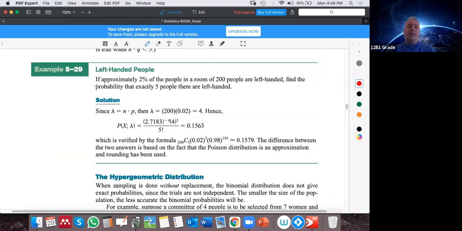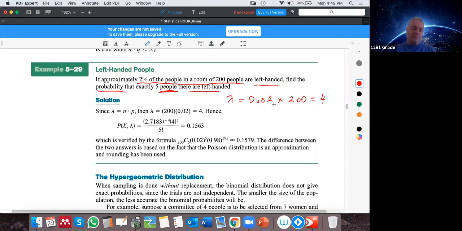Another question. If approximately 2% of the people in a room of 200 people are left-handed, find the probability that exactly 5 people are left-handed. So what is the mean? It says that 2% of 200 people. So I can say 0.02 times 200, which will be 4. This is now my lambda. This is my mean value per unit.